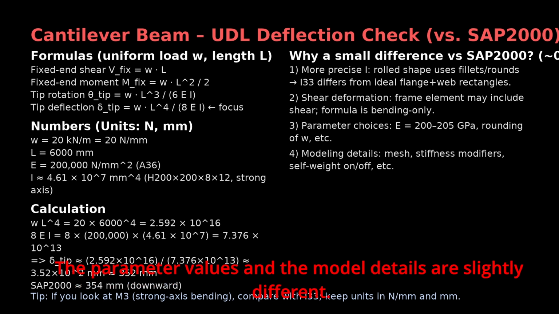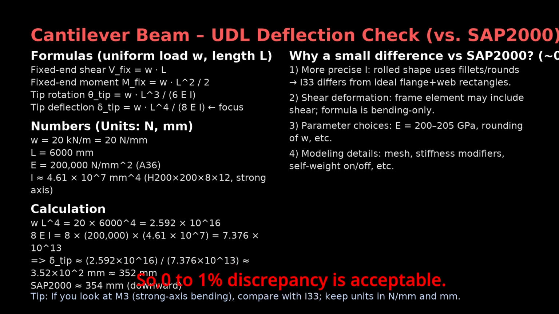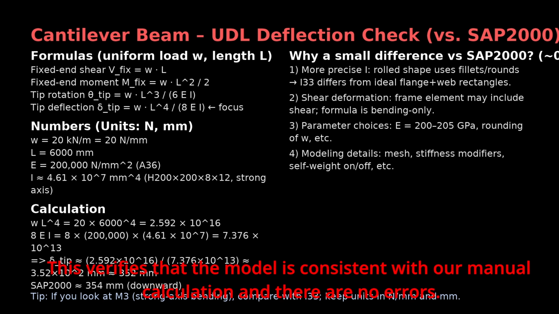The parameter values and the model details are slightly different, so a 0 to 1% discrepancy is acceptable. This verifies that the model is consistent with our manual calculation and there are no errors.